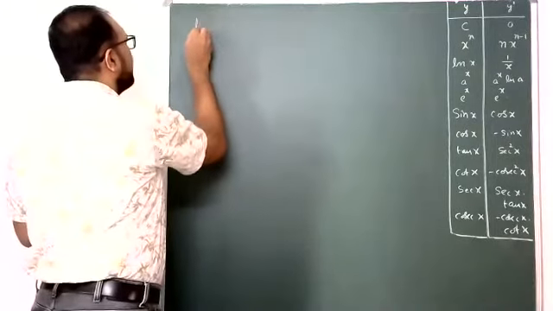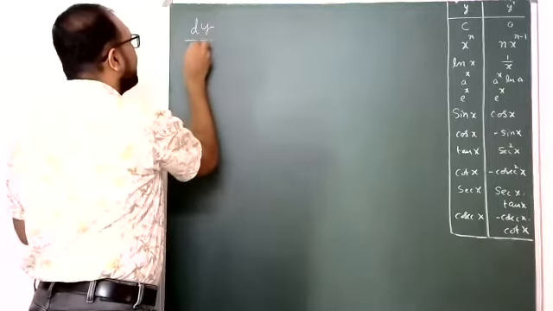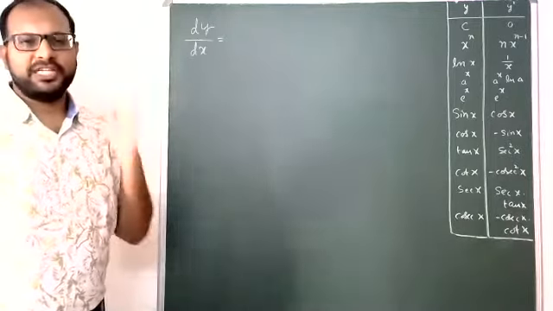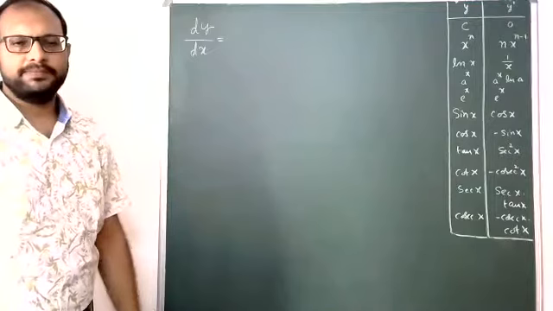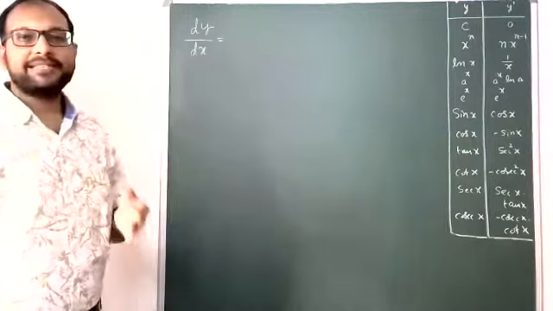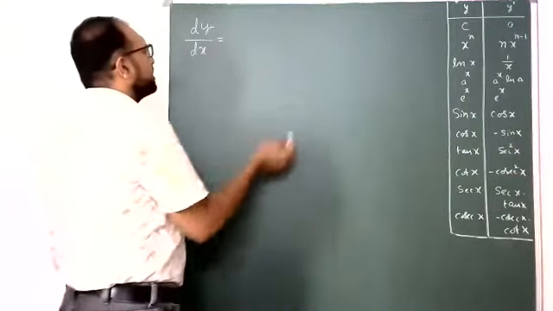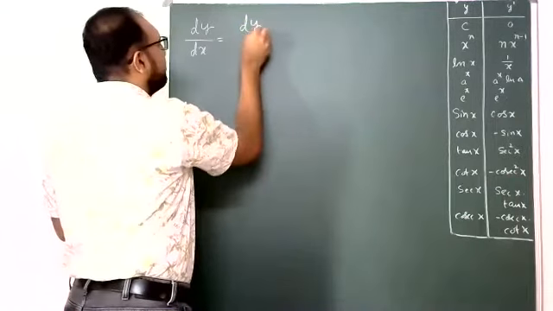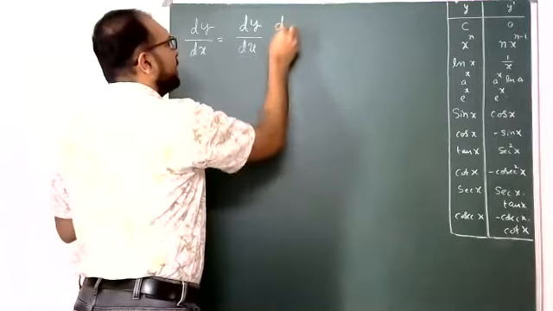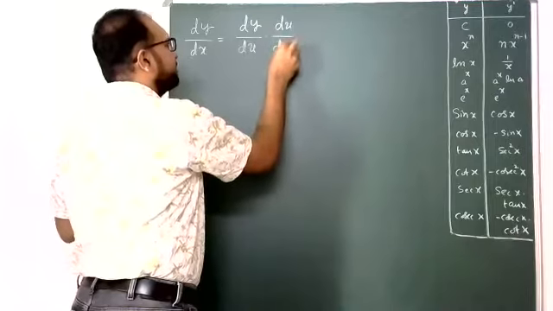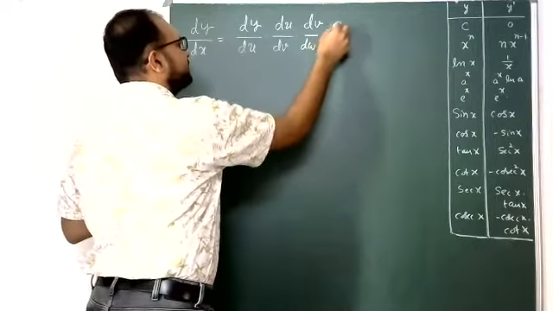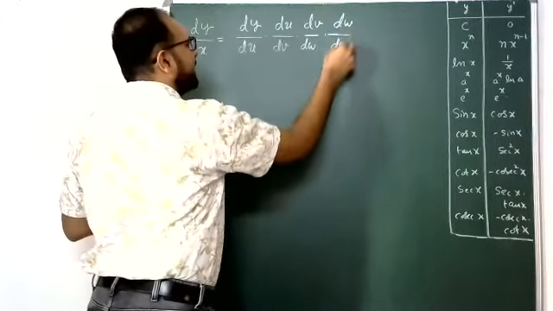Suppose dy by dx is our problem. Suppose y is some complicated function, not an individual function now. Then the derivative of y with respect to x is our target. By using the chain principle: dy by du into du by dv into dv by dw into dw by dx.